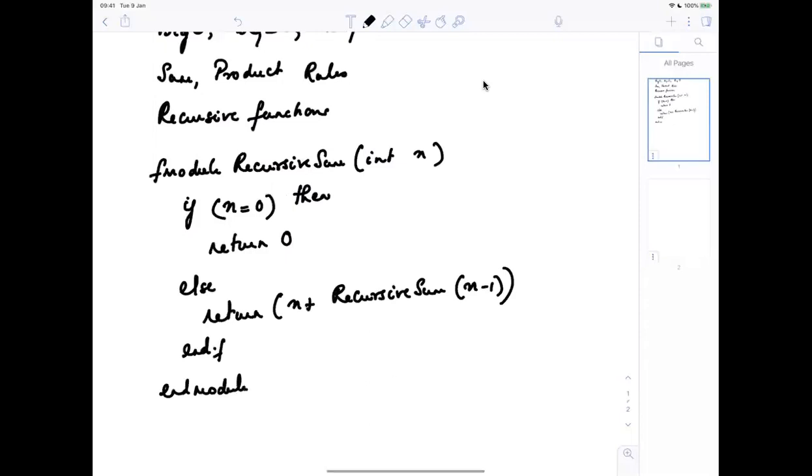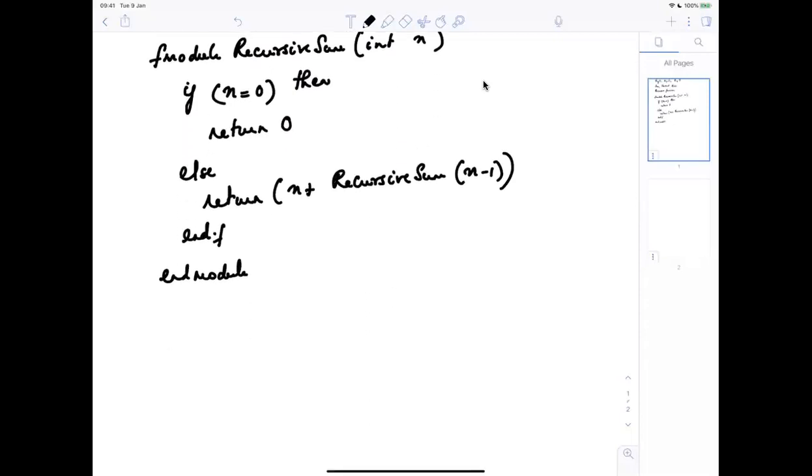Today, I'm going to write a slightly different variant of this recursive function, module recursive sum E, int n again.